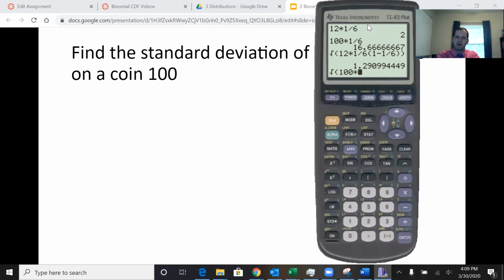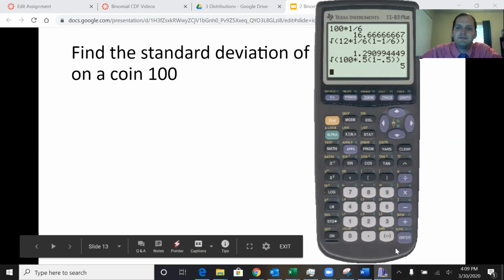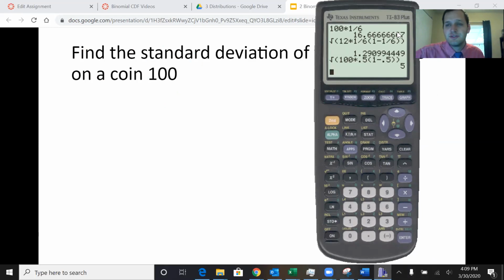The probability. What's the probability with a coin? It's 50%, 0.5. You can do 1/2. You do 0.5. Then we do 1 minus 0.5. Hit enter. It tells me 5. So that's the standard deviation. That's how much it can vary from the average.